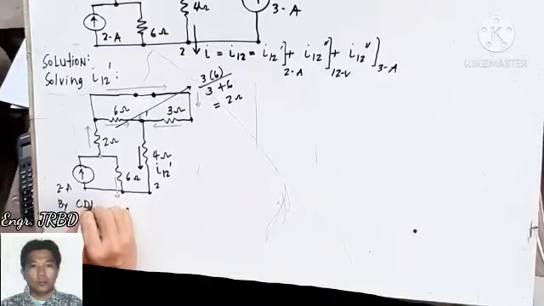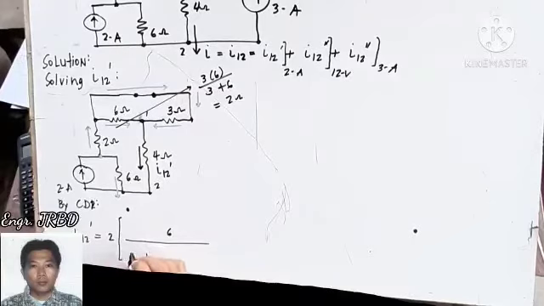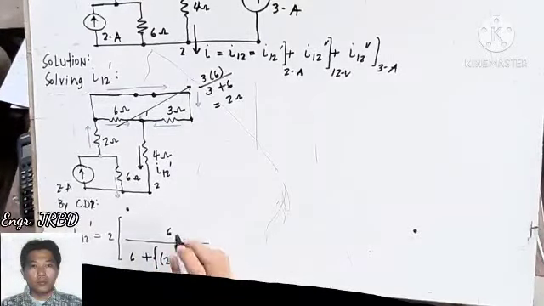So by current divider rule, to obtain your I-12 prime, this is 2 amperes times, okay, 6 all over 6 plus the total resistance of this combination, okay, 2 and 4 in series. This is in series with the parallel combination of 6 and 3.